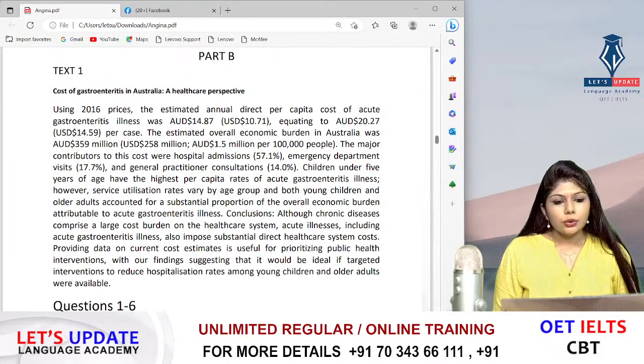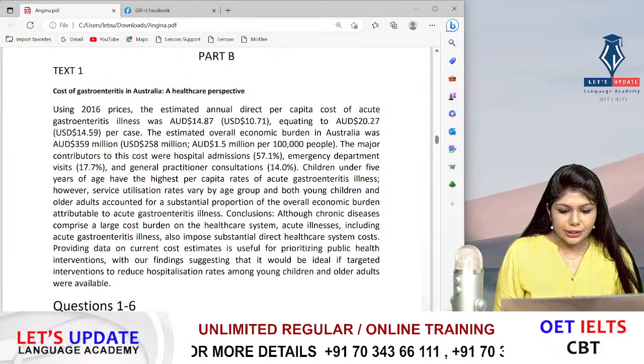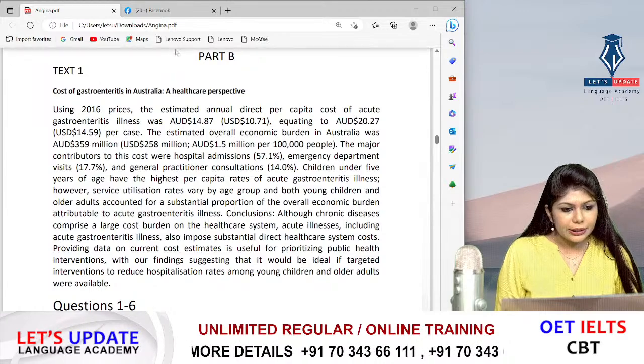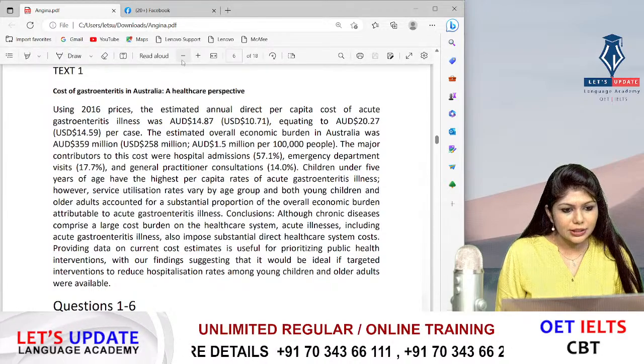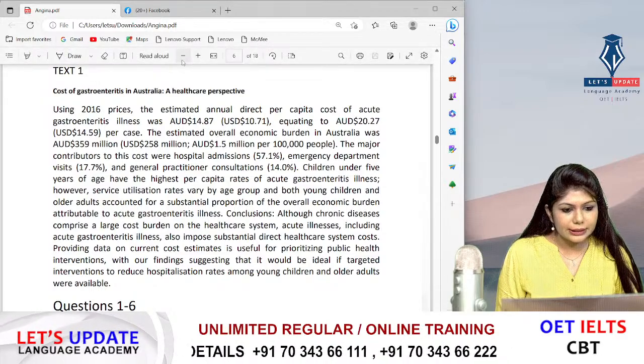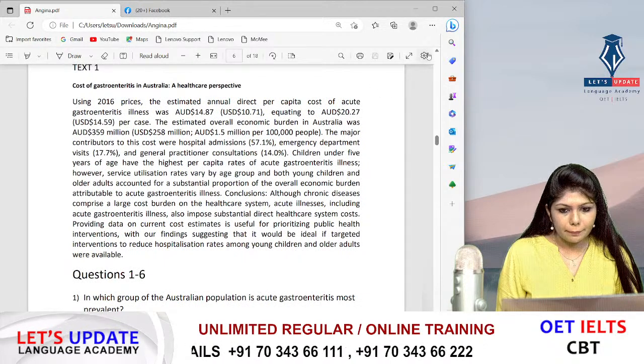In the part B section, I'll arrange the text and the questions in such a way that you will be able to see both at the same time.